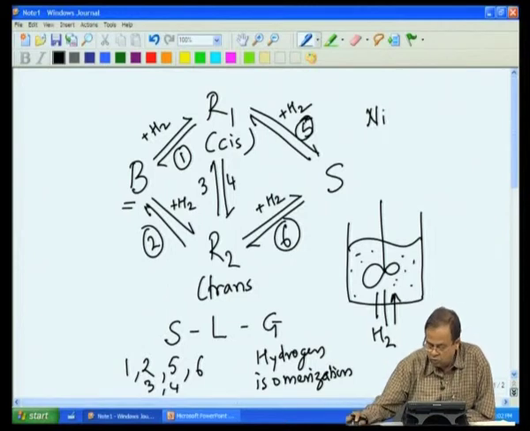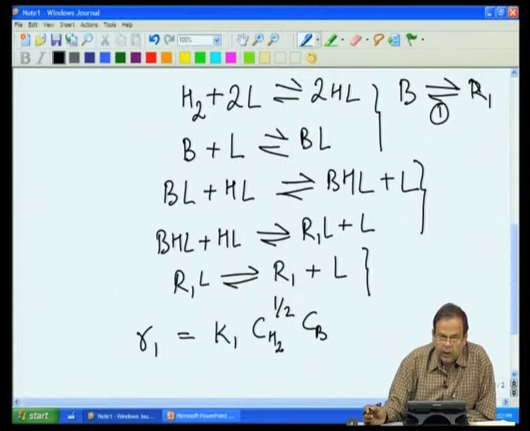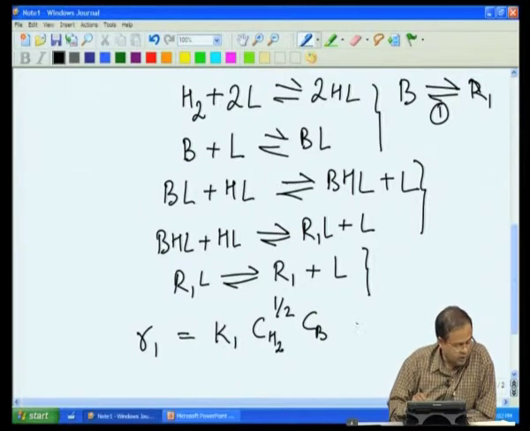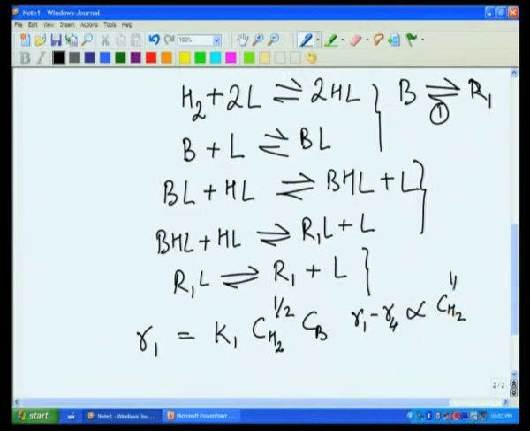So, what we just wrote was the typical mechanism for a hydrogenation reaction, and we get this kind of rate laws. In fact, rate laws for all the 4 reactions R1 to R4 are of the same form, namely these rates being proportional to concentration of hydrogen raised to half and the corresponding substrate reactant.